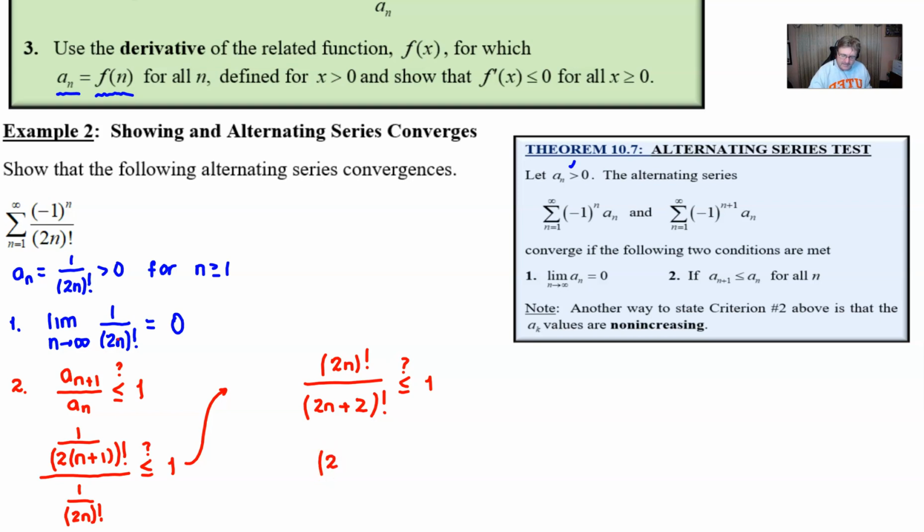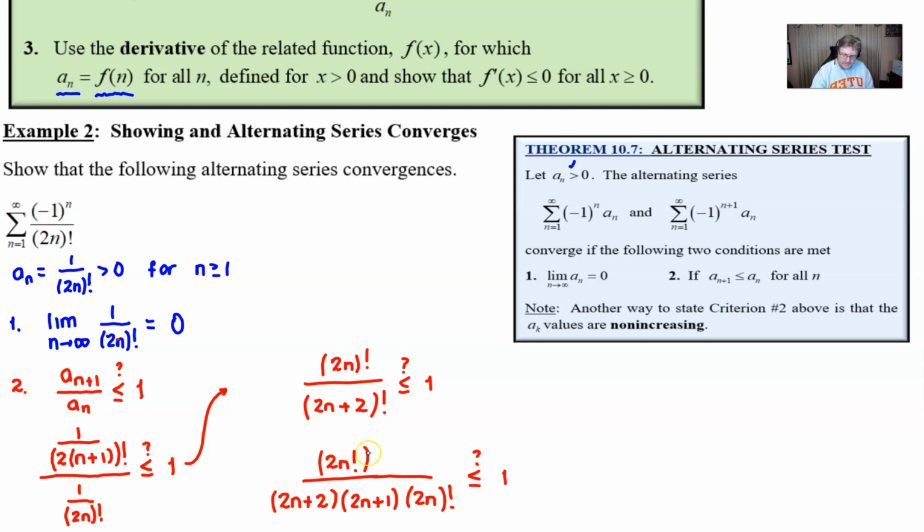By that, I mean this denominator 2n plus 2 factorial is actually going to be the same thing as the term 2n plus 2 multiplied by the next integer below it, which is 2n plus 1, multiplied by the next integer below it, which would be 2n, and I could continue to do that, 2n minus 1, 2n minus 2, etc. But in lieu of writing all of those extra expressions, 2n minus 1, 2n minus 2, etc., isn't that the same as just the factorial there? And then I'm still making the conjecture, is that less than or equal to 1?